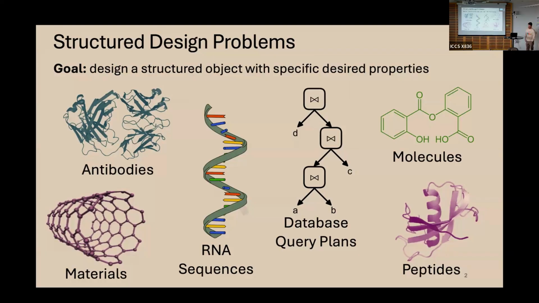At Penn, we happen to care a lot about RNA and nanoparticles. But even outside of chemistry, we also do things like database queries. So can I optimize the query plan, the order that I'll join tables in a SQL query in the database, right? And these are all really interesting problems.